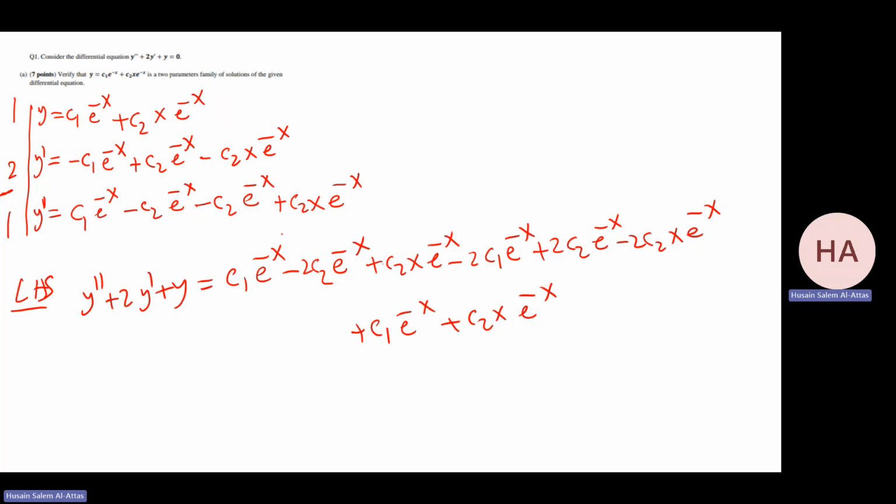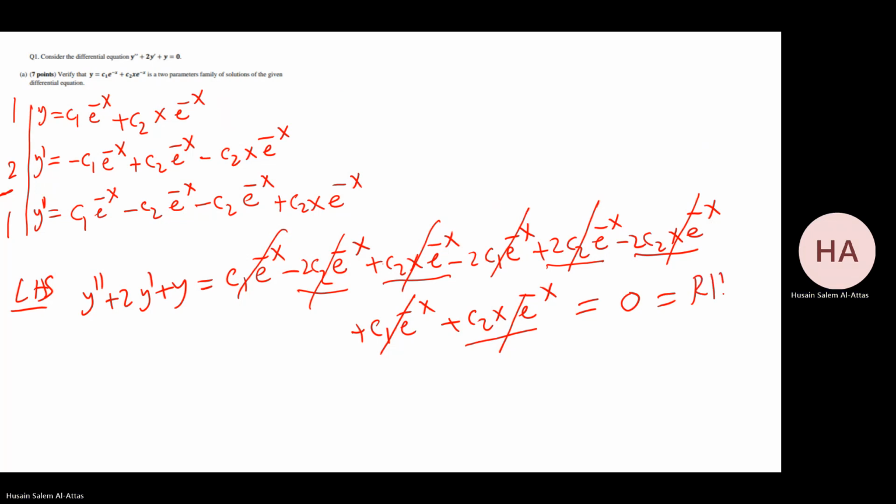Okay, so this is cancelled. We have 2C2 e to the minus x, this is cancelled. C2 x cancelled with this, and 2C1 e to the minus x cancelled with this. So I'm getting 0, which is the right-hand side. So y is a solution.